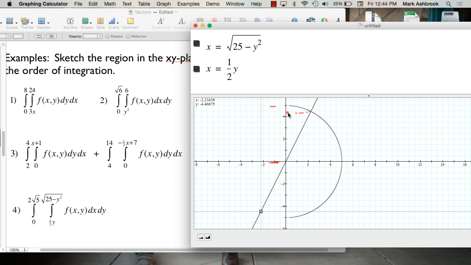I'm thinking maybe it is, but it could be some number down here too, so don't just assume that. 2 radical 5 could be any y value through here, but I'm guessing it is that intersection. And it is: if you solve those simultaneously, their intersection would be whatever that x is and then 2 radical 5. So left side, right side, and 0 to 2 radical 5 means we're talking about this region.